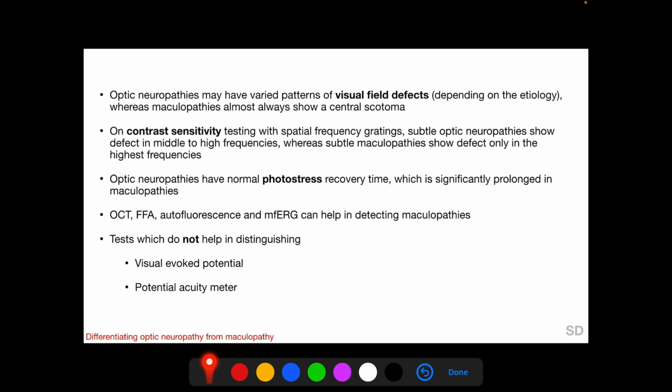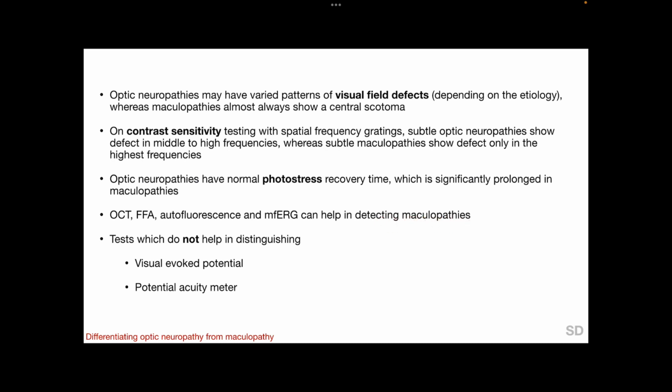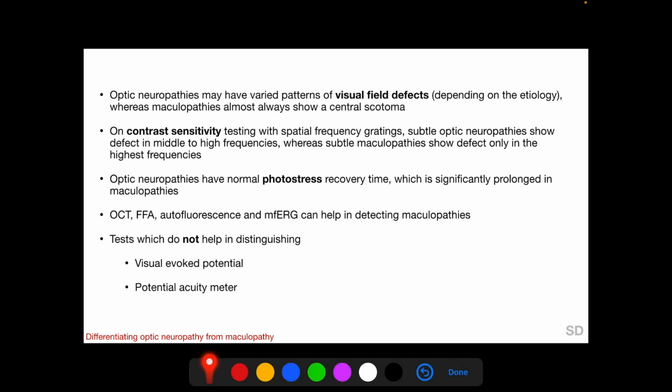OCT, FFA, autofluorescence and mfERG can help in detecting maculopathies, as we have discussed in the previous slides. Tests which do not help in distinguishing between optic neuropathy and maculopathy are visual evoked potential, which we have discussed in a previous slide, and potential acuity meter, which helps in differentiating media opacities like cataract from maculopathy and optic neuropathy.